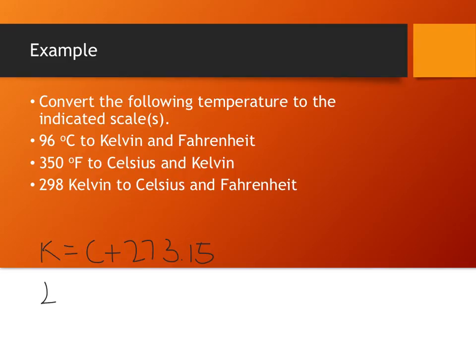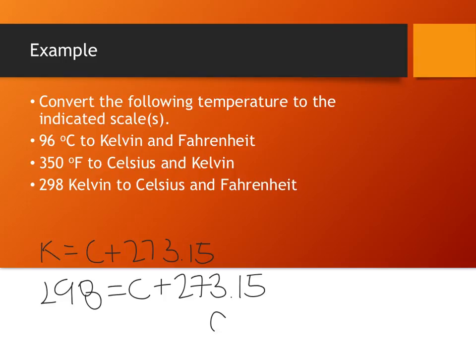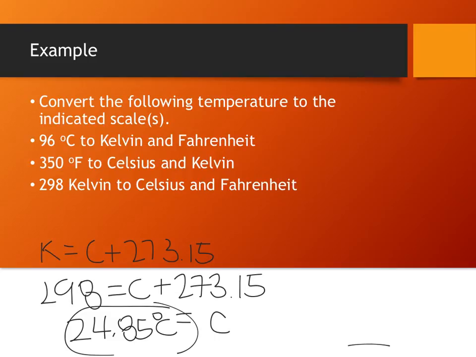So that says that 298 is equal to Celsius plus 273.15. So Celsius is equal to about 24.85 degrees. More so, 298 Kelvin is equal to 24.85.